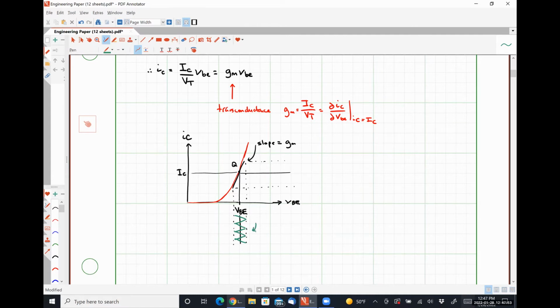This green curve represents lowercase VBE superimposed on top of our DC operating point.